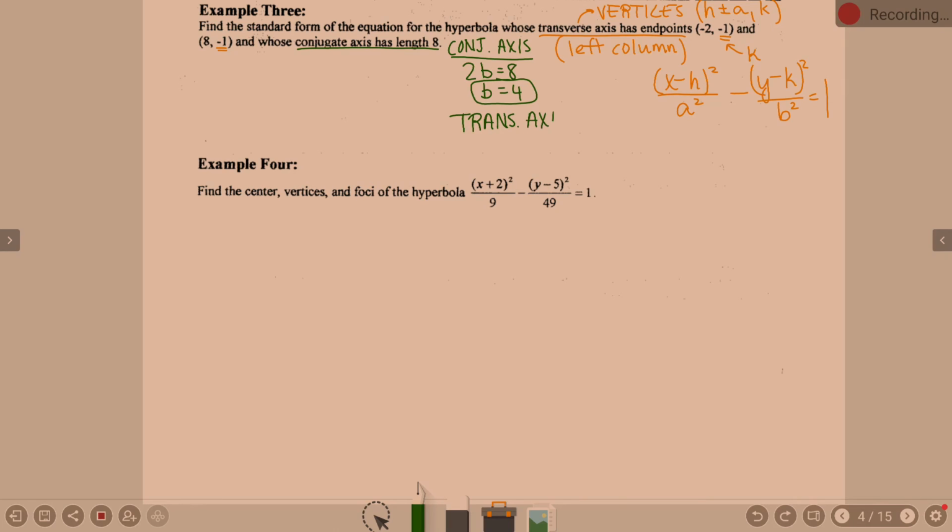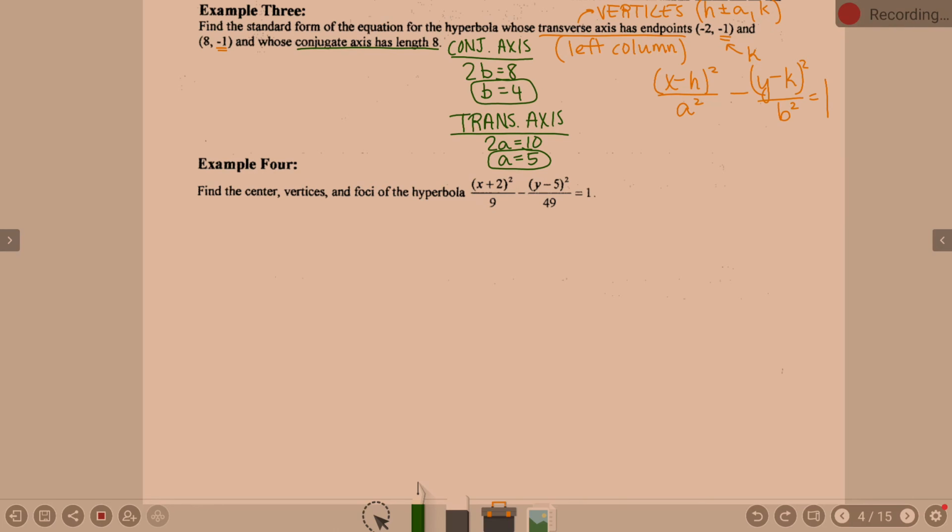And if my transverse axis has a distance of 10, 2a is 10, and a is 5. Now we're finding h, which is also very easy.